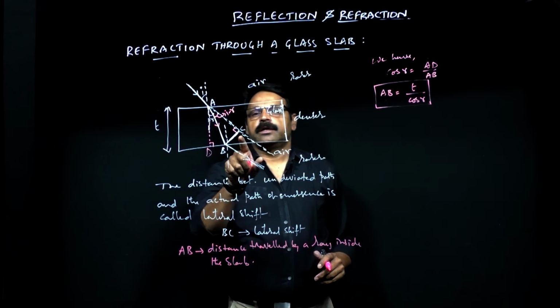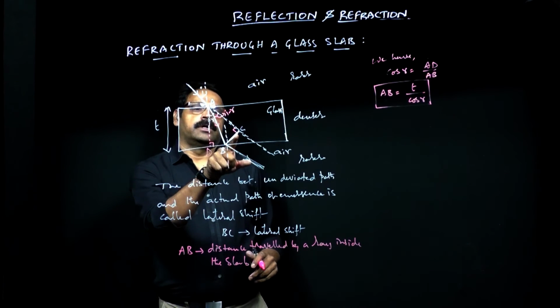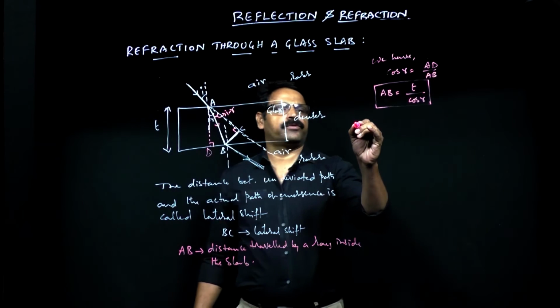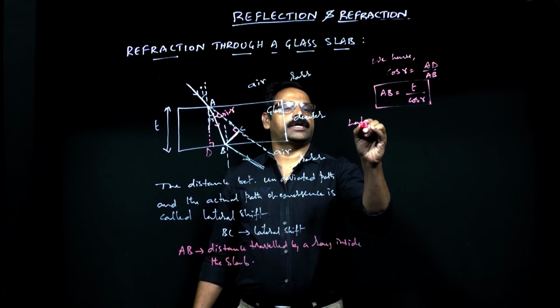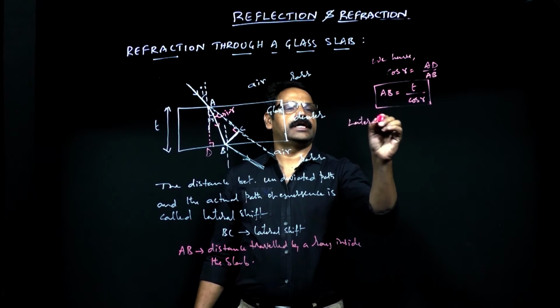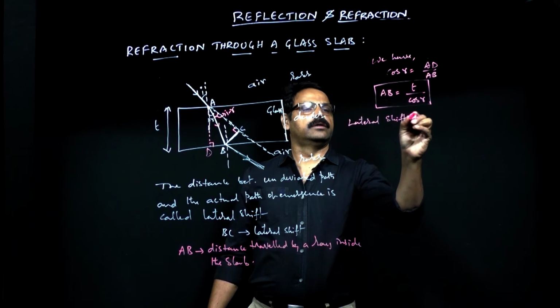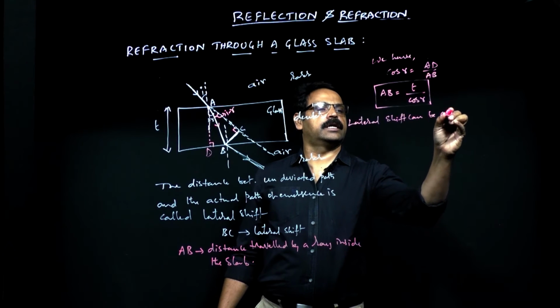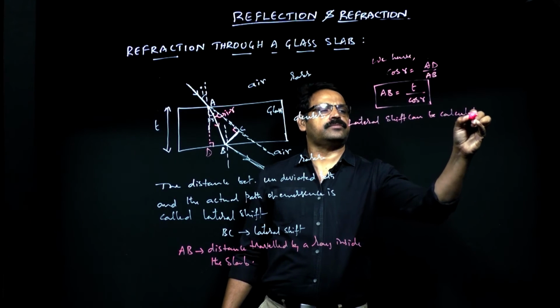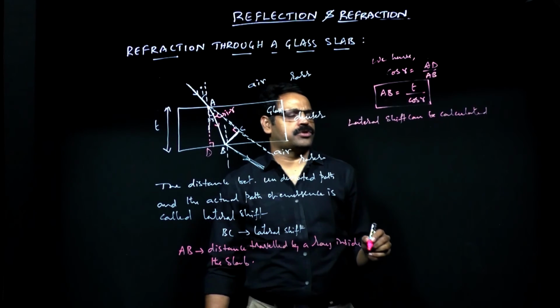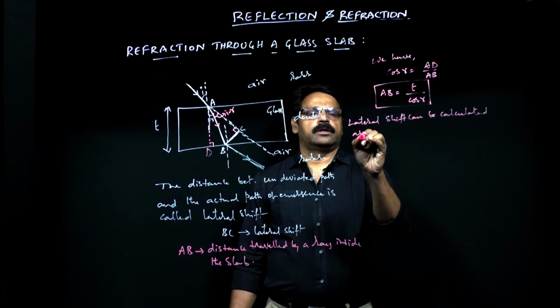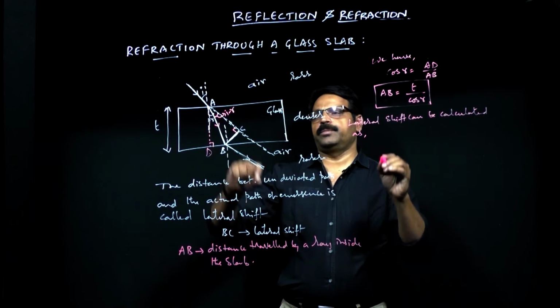Now we require the lateral shift. Lateral shift is BC. Therefore, lateral shift can be calculated, and it is totally based upon geometry and trigonometry. Here I want BC.